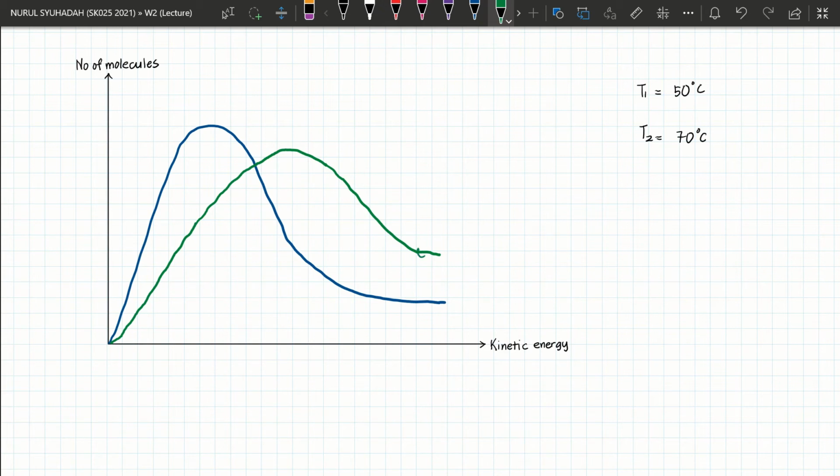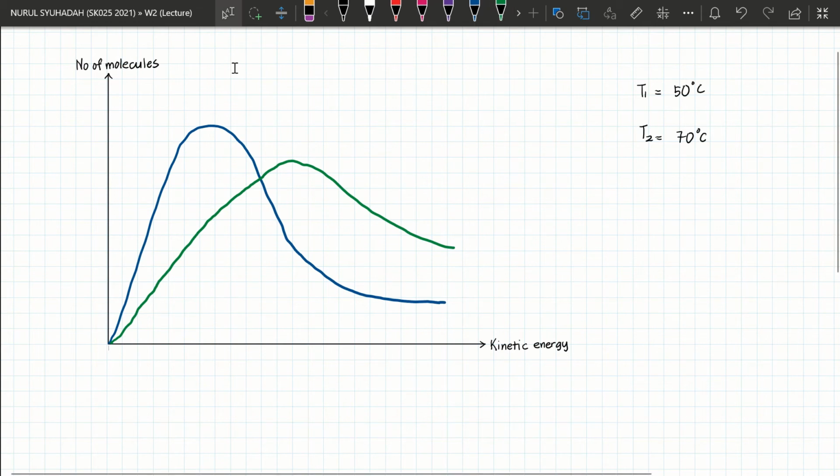Okay, it's not good, let me try that again. Trying to get a very smooth curve for you guys. Okay, this shall do.